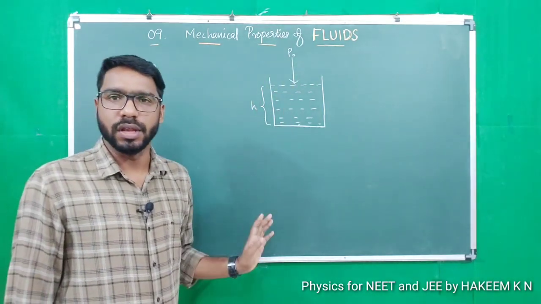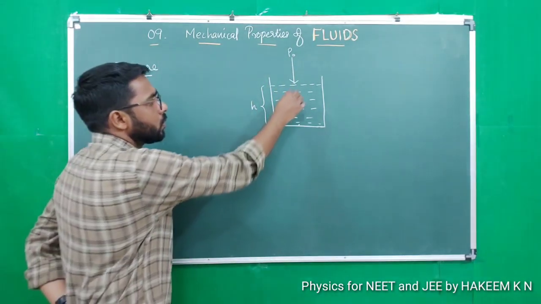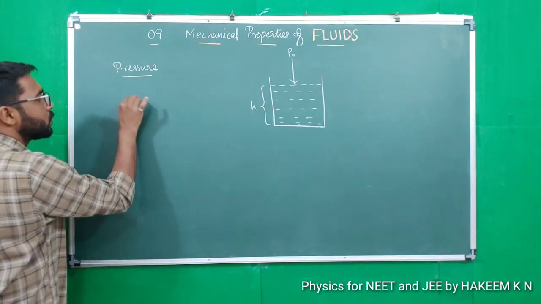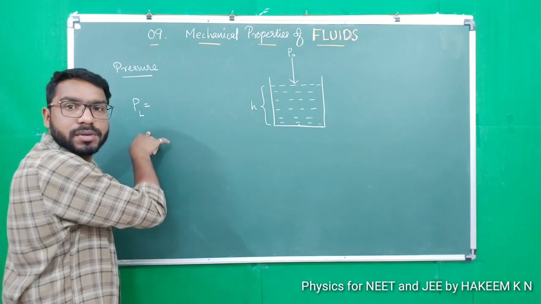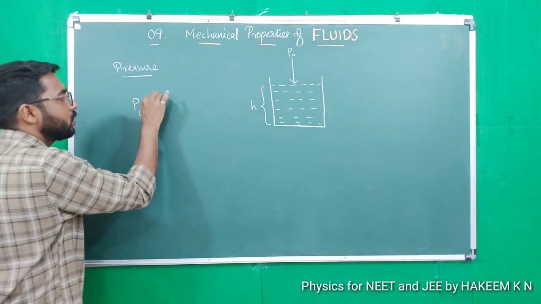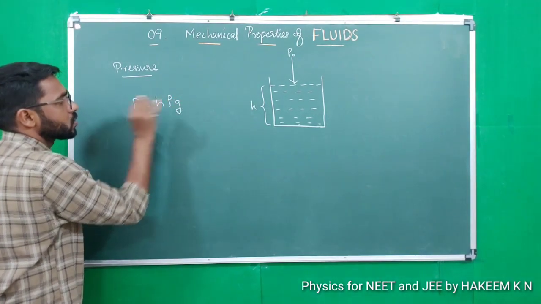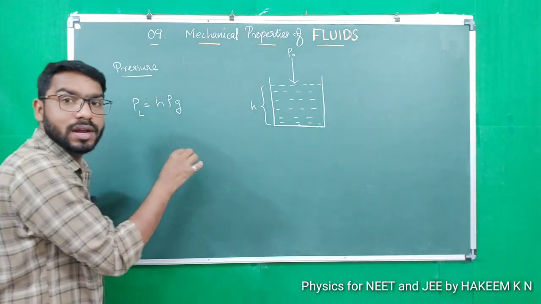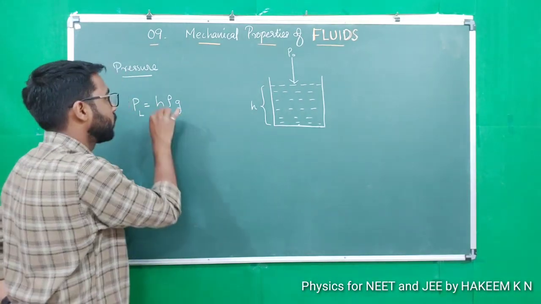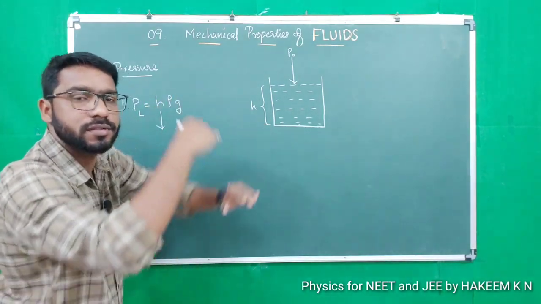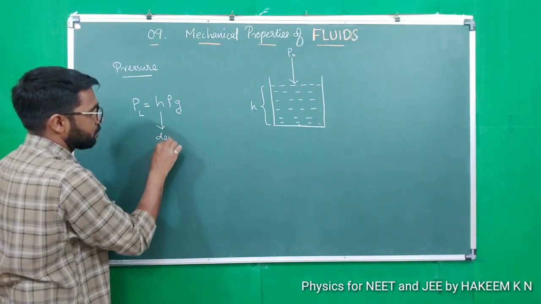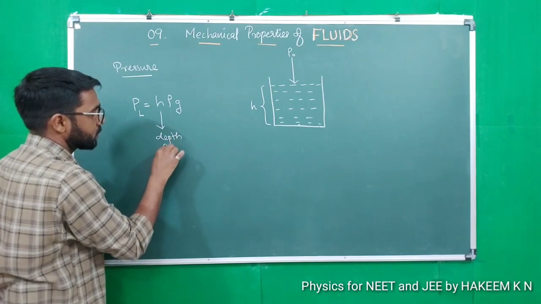Pressure due to liquid, that is calculated using P equal to PL. I am writing PL to understand pressure due to liquid. It is given by the equation h rho g, where h is the depth of the liquid column. Here h is not height, you have to take the depth from the liquid surface.